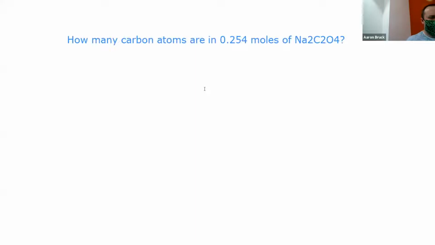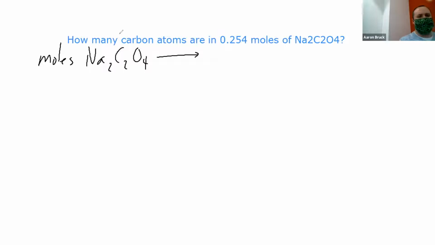Now, if we follow our map along here, you'll see that we are starting with moles of sodium oxalate. We are going to have to turn that either into moles of carbon or molecules of sodium oxalate, either way. And then we're going to turn that into atoms of carbon. So this is a two-step conversion here.